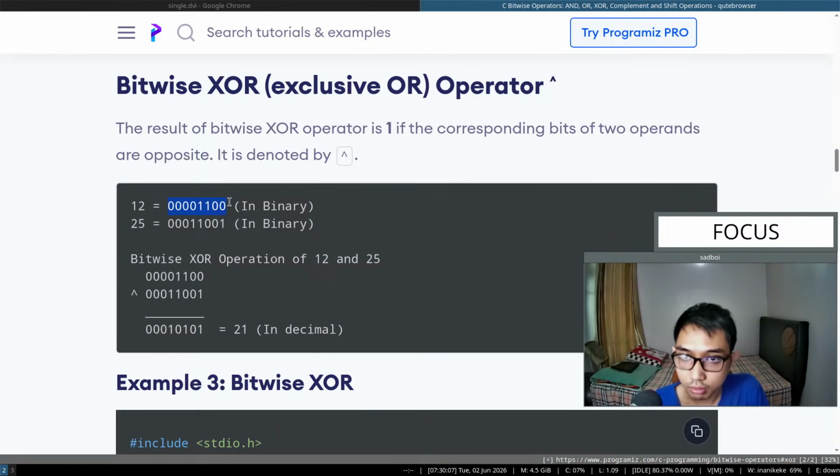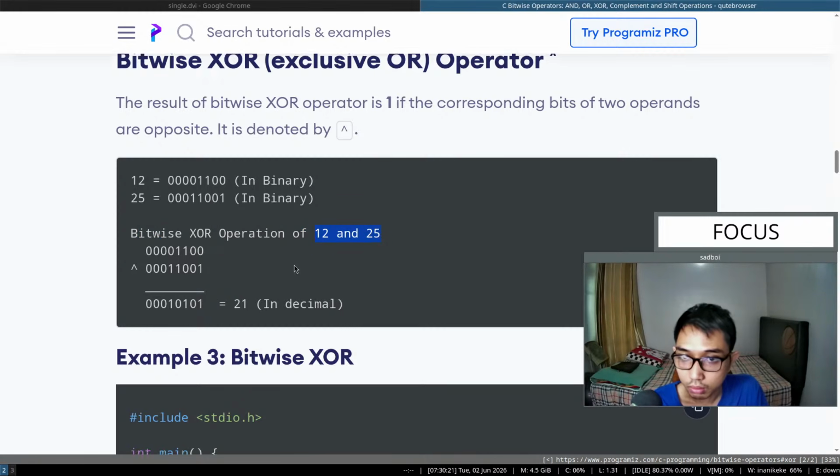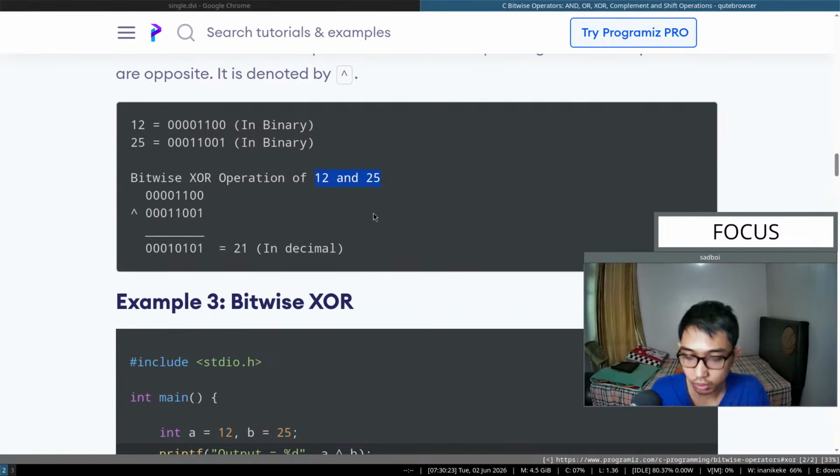Okay, let's say we have this binary. Bitwise XOR operation of 12 and 25. Wait.